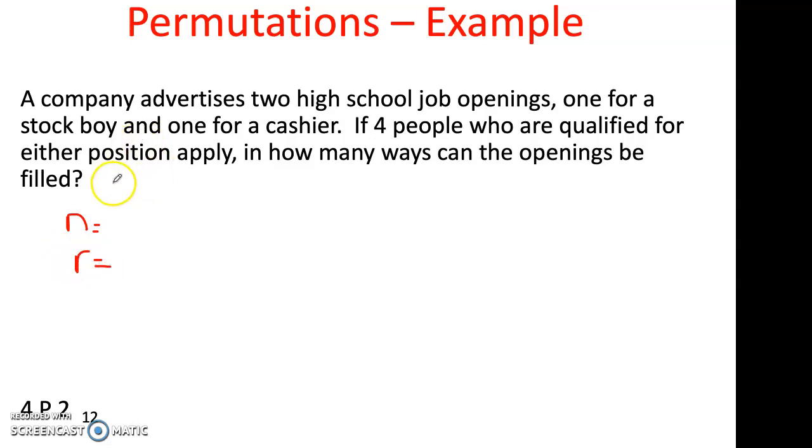So my N, we're choosing from 4 people who are qualified, and my R are the 2 positions that are available. So in the calculator, you can put in 4 in your main screen. Then you're going to go to math, probability, NPR, and type in 2. Once you type that in, you're going to get an answer of 12.